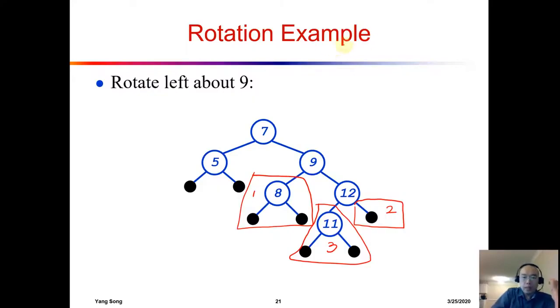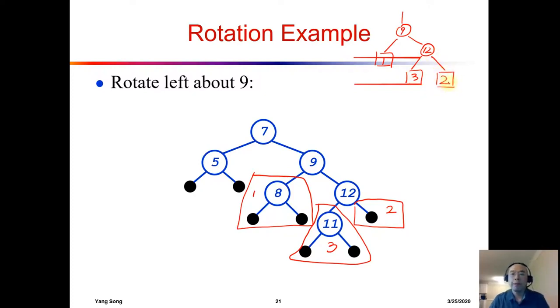So now we are going to start from a subtree like this. So we have 9 here, and we have a 12 here, and under 9 we have box 1, and then we have box 3 and box 2. Okay, so this is the tree we are going to rotate.